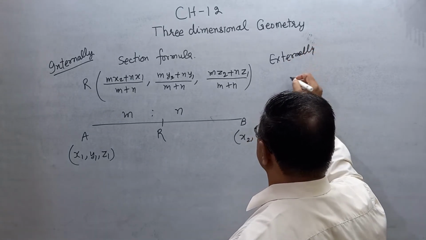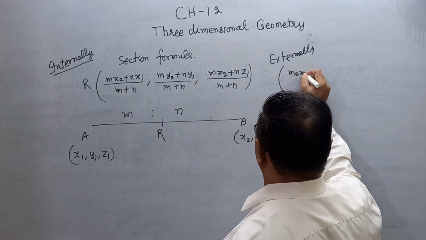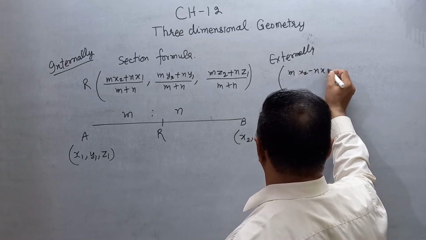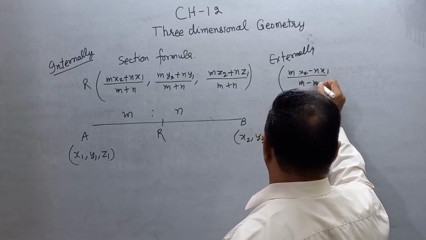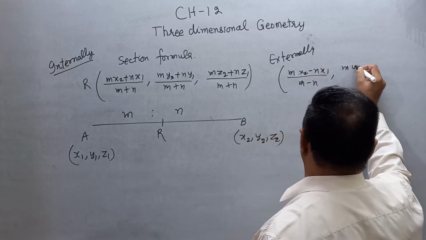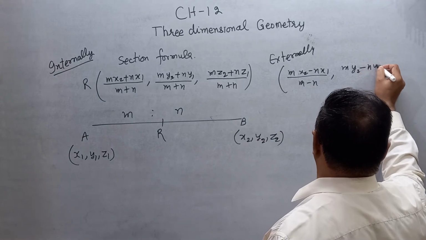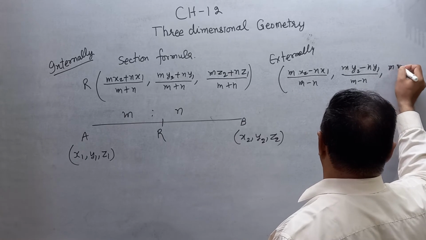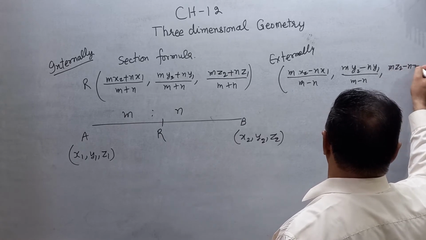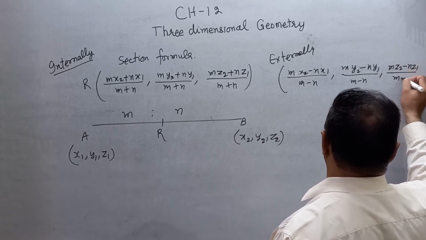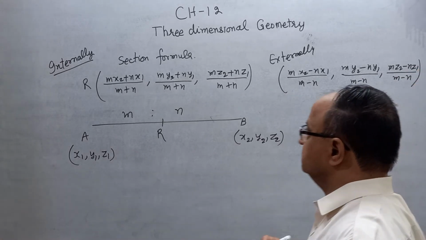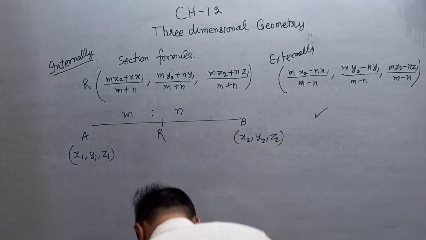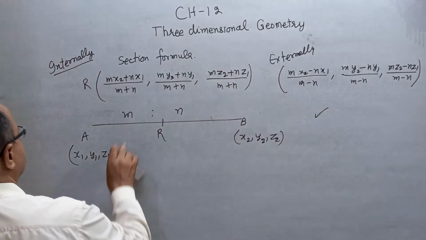For external division, you write (m x2 minus n x1) divided by (m minus n), (m y2 minus n y1) upon (m minus n), and (m z2 minus n z1) upon (m minus n). This is for external division, right? So this formula can be applied in this exercise.